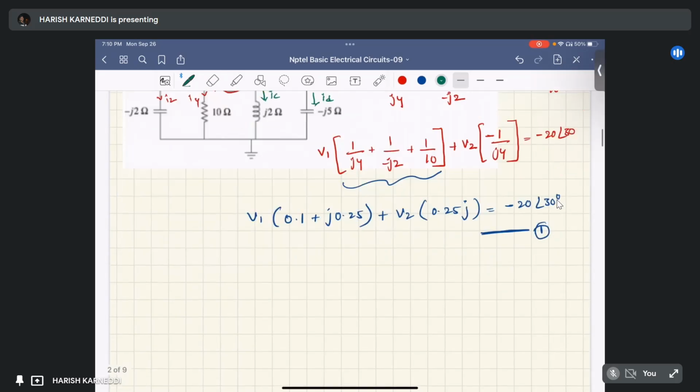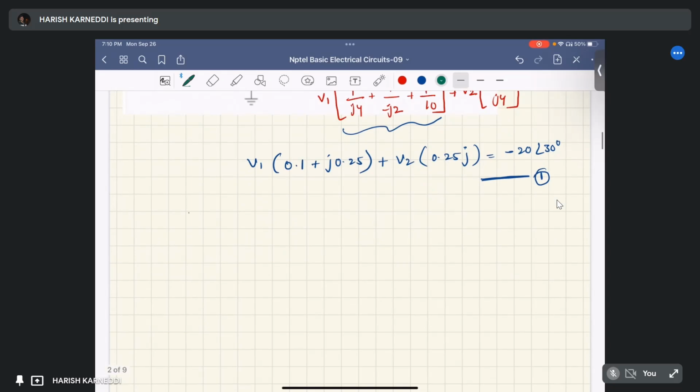What is the KCL equation at node 2? The sum of all currents, IA plus IB plus IC plus ID equal to 0.